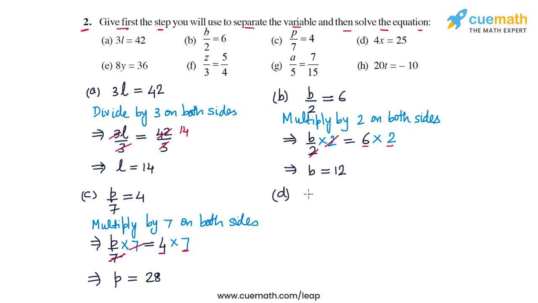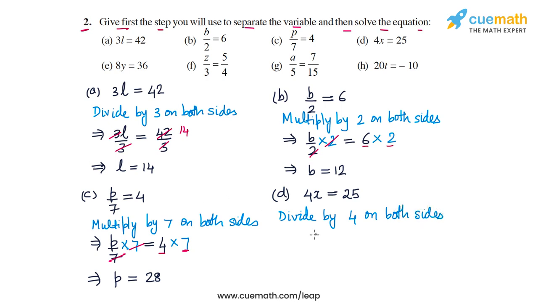In part D, the equation is 4x is equal to 25. To separate the variable x, we will need to divide by 4 on both sides in this case. So divide by 4 on both sides is our first step.